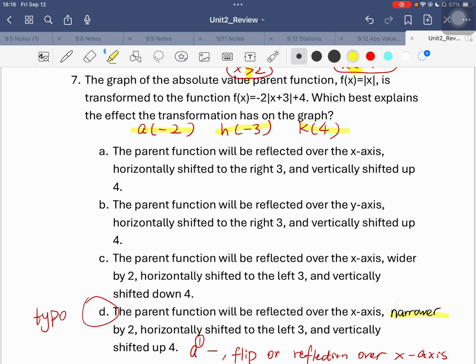Write it down. Your A is -2. Your H is -3. H is always opposite because H lies to x inside the house. And then K tells the truth, it's just +4.